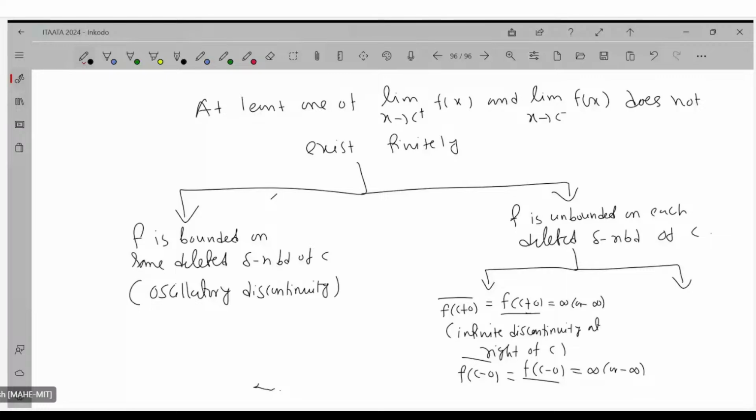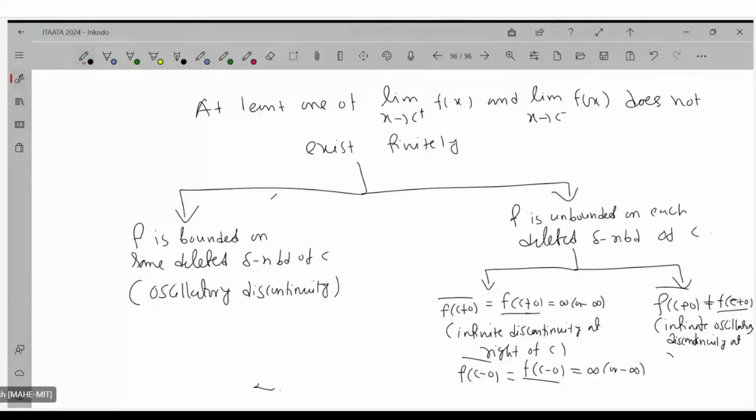If they are unequal, say, then you have the infinite oscillatory discontinuity at the right of C. Similarly, if f(C+0) and f(C-0) are unequal, then infinite oscillatory discontinuity at the right of C.